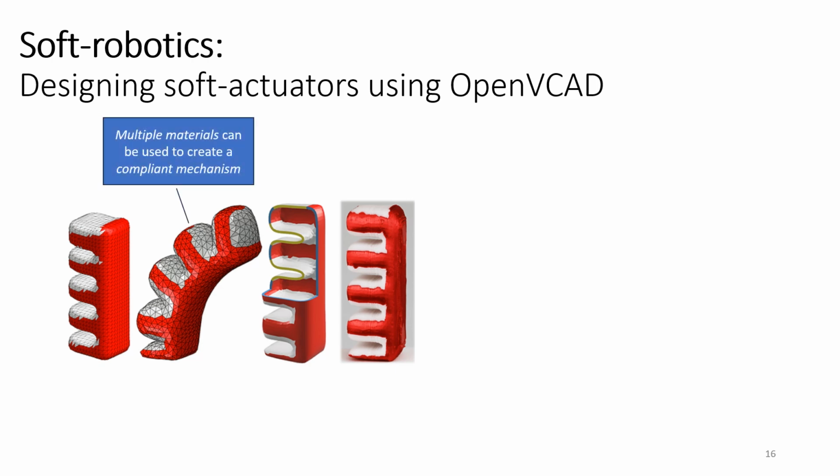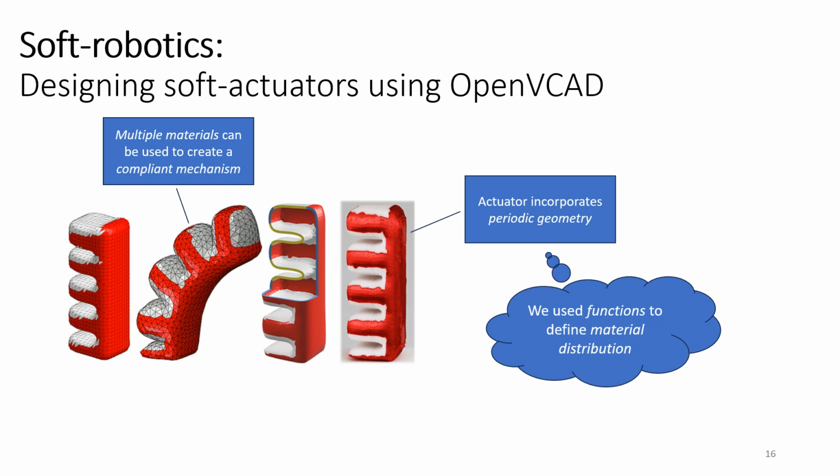So multiple materials can be used to create this compliant mechanism, right? And the actuator also incorporates periodic geometry, right? We're repeating the same pattern over and over again. We could design this part externally in traditional design tools like SolidWorks, but really with periodic geometry, it'd be good if we had a sort of functional representation for this, right?